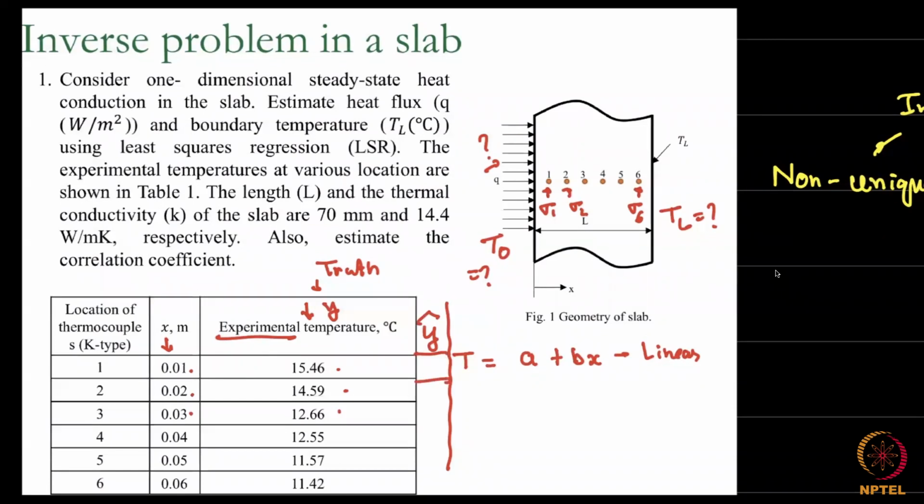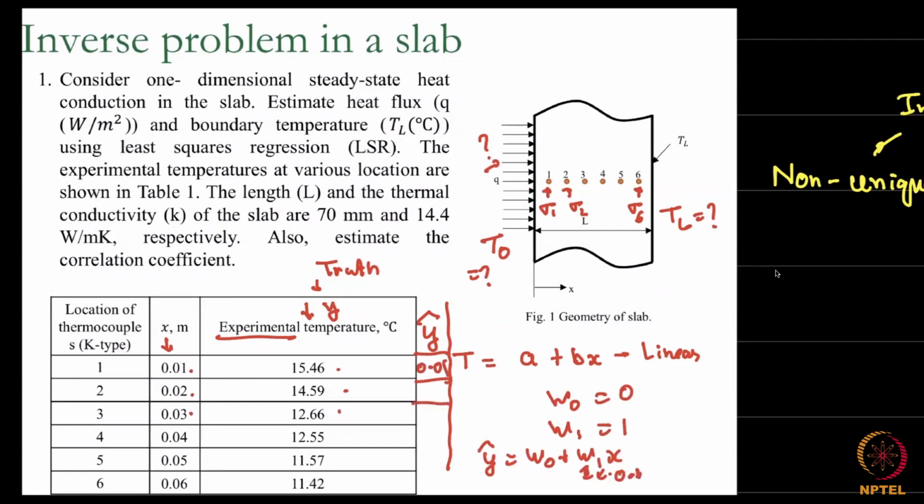But suppose I guess that W0 is 0 and W1 is 1. Then Y hat is W0 plus W1 x. In this case, that will be 0 plus 1 times 0.01, so this will be 0.01.